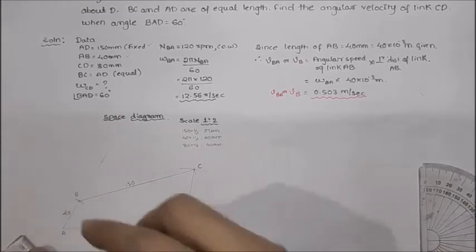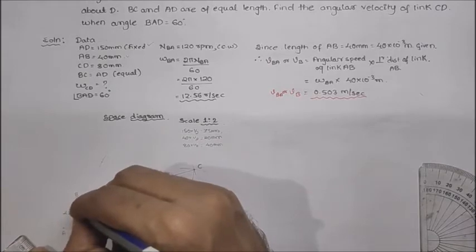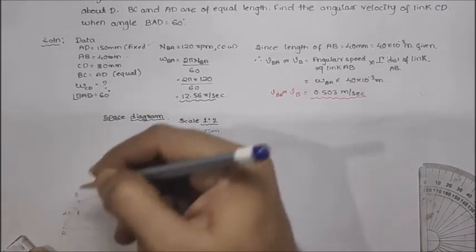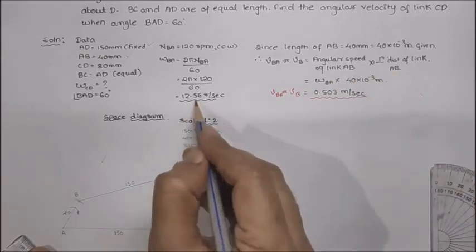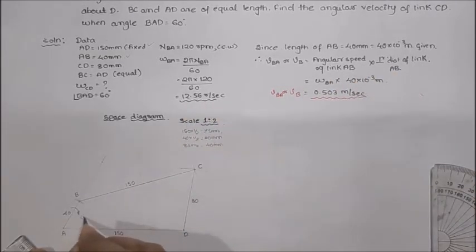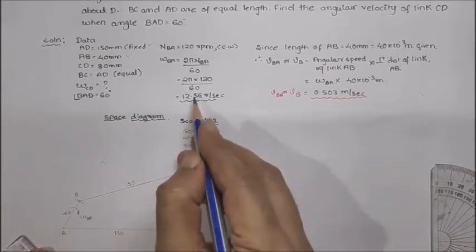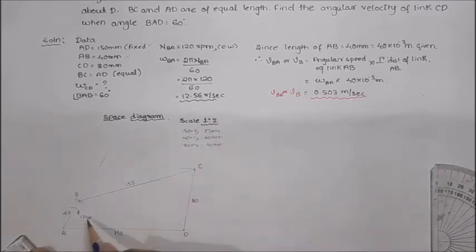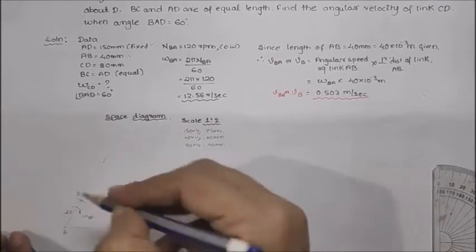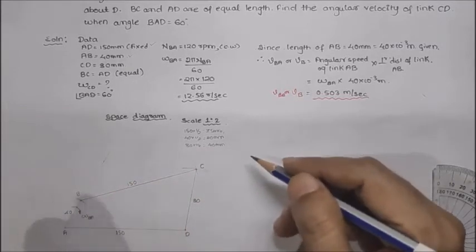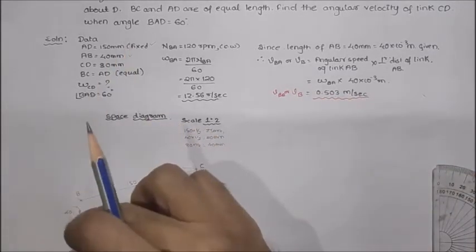Then as mentioned, there is an angular speed of link AB, that is 12.56 radians per second. That is angular speed of link B with respect to A. So we write it as BA, and the direction of this velocity is perpendicular to this link.